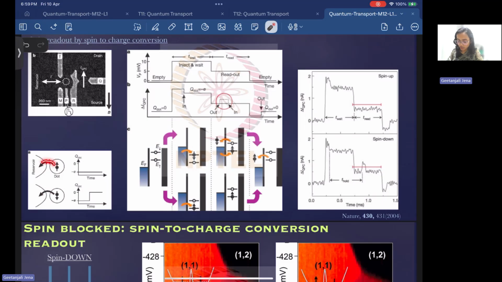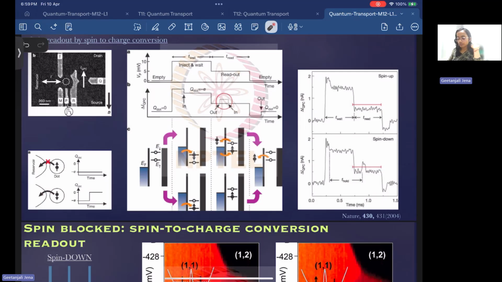When it is not possible to tunnel the electron into the quantum dot, the charge configuration of the dot remains constant, and the current through the QPC also remains constant. So there won't be any variation in the current of this quantum point contact region.